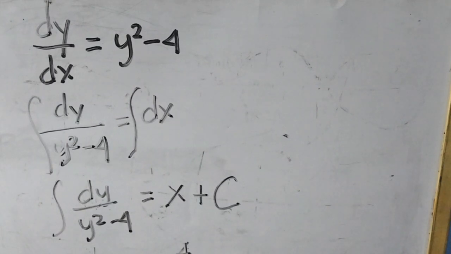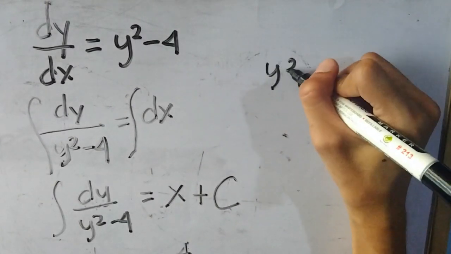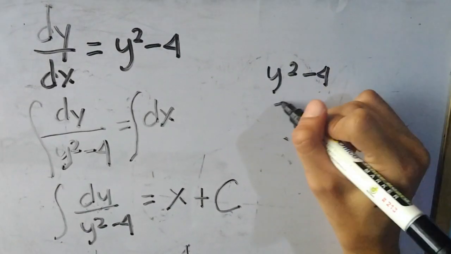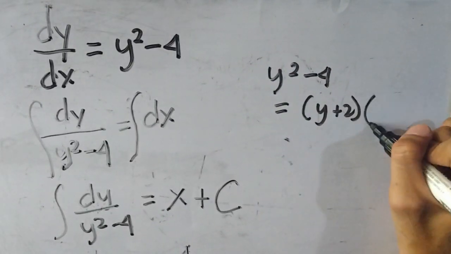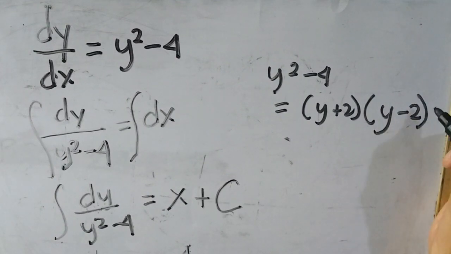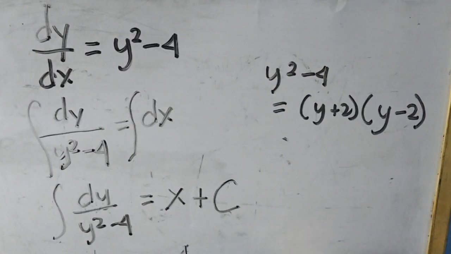We recall y squared minus 4 is equal to y plus 2 times y minus 2. So 1 over y squared minus 4, if we decompose it, will be a over y plus 2 plus b over y minus 2.